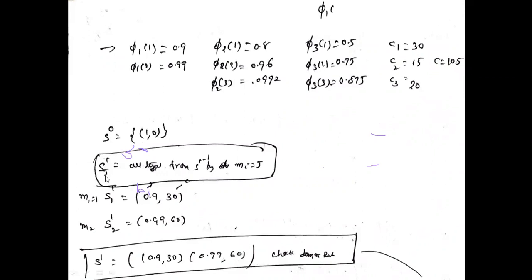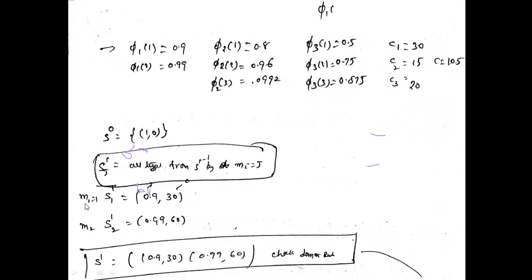Next, S power j equal to 1. S power I j equal to all the tuples from S power I minus 1 with M of I equal to j.